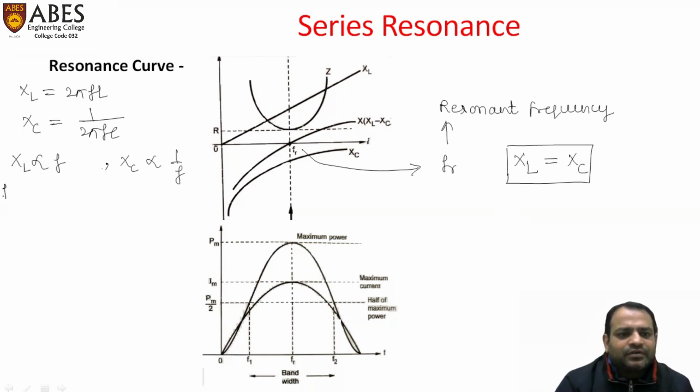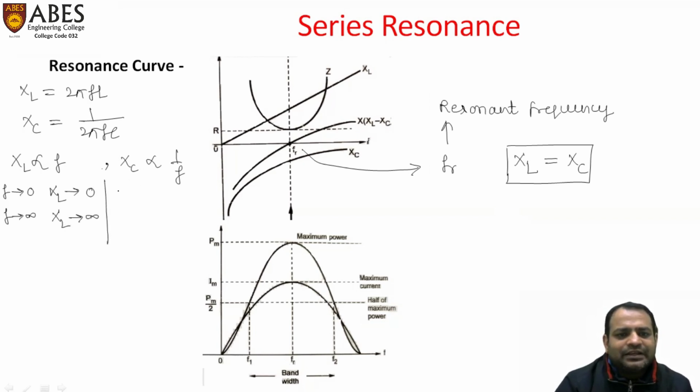So for F tending to 0, XL is also tending to 0. If frequency is tending to infinity, XL is also tending to infinity.